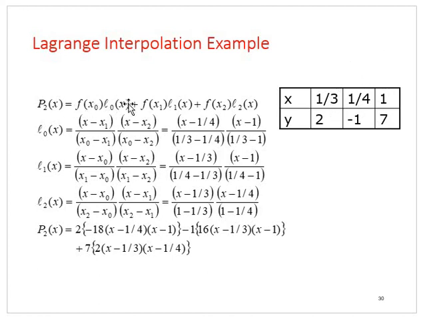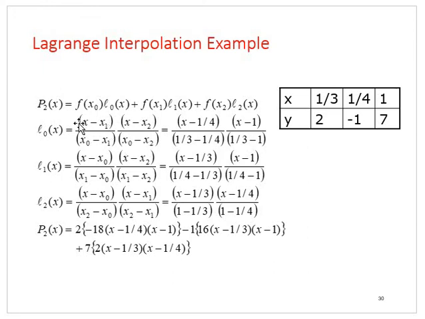So this will be a summation up to f of x2 L2 of x. Right, so where your L0 will be given by (x minus x1)(x minus x2) over (x0 minus x1)(x0 minus x2).